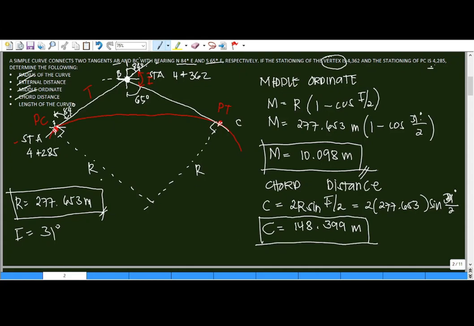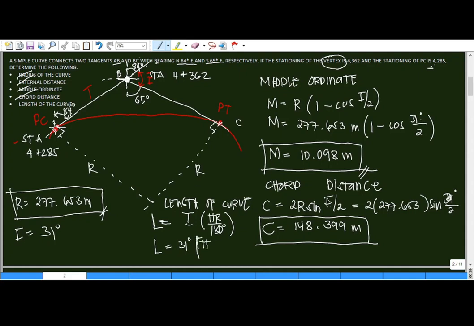How about the length of the curve? For the length of the curve, we have already derived a working equation for the length that is equal to I multiplied by pi times R over 180 degrees. Okay? So, the length now is equal to 31 degrees multiplied by pi.